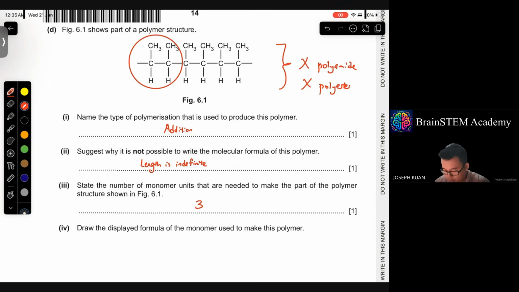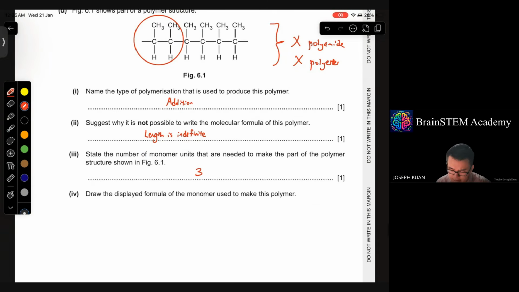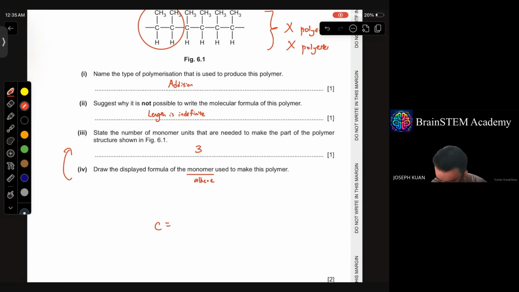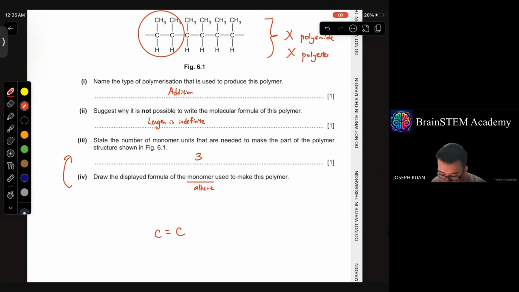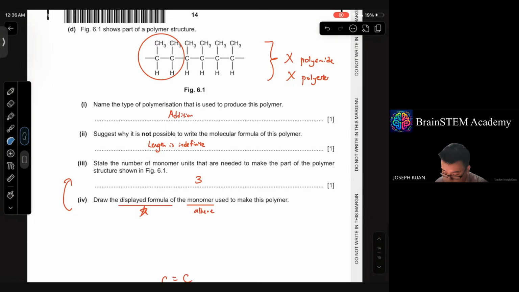You may say, how do I know that it's 3, not 6? You have to understand that addition polymers are usually made from alkene monomers. That means they have this carbon-carbon double bond. So I know that the main chain here originated from this structure. Regardless, I'll draw the display formula. The keyword here is display formula. It means all bonds must be shown and all atoms must be shown.